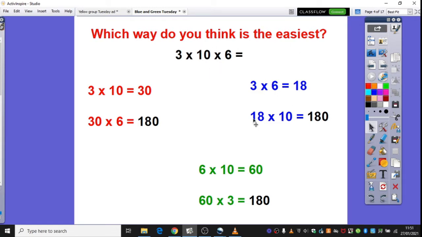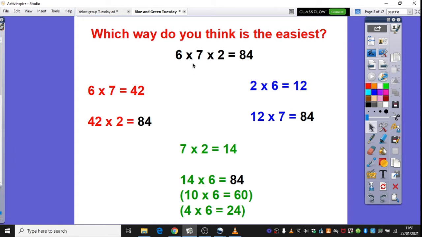Personally, I feel it's easier to multiply by 10 last, but you might have disagreed with me, which is absolutely fine. We all see maths in different ways, and that's something that should be celebrated. And multiplying with a 2 in the number sentence, again doing that last so that we can just double the first calculation that's been multiplied together.